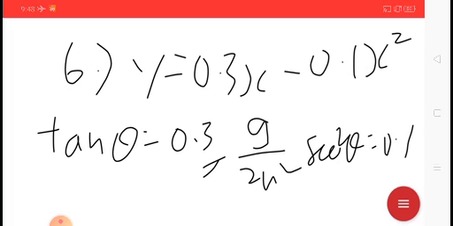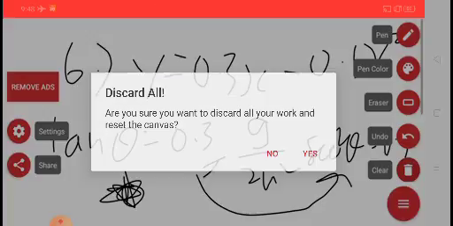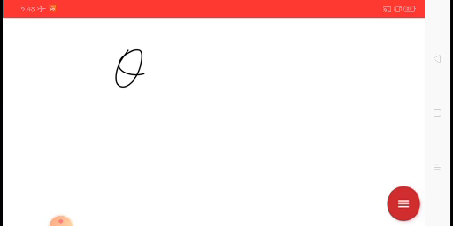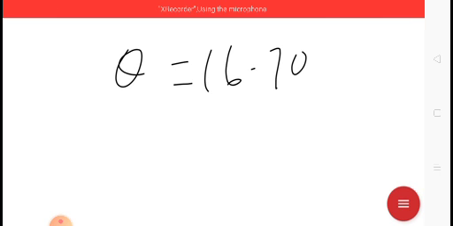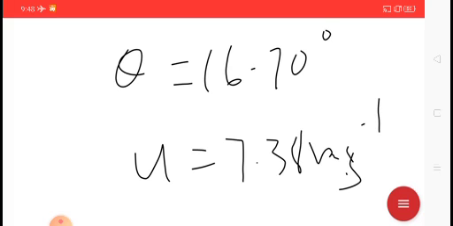Once you have these two, you can solve it. As I said, you can use the exact value from here and substitute inside here. From here you should be able to find theta equal to 16.7 degrees and u equal to 7.38. So this is an application of the trajectory equation.